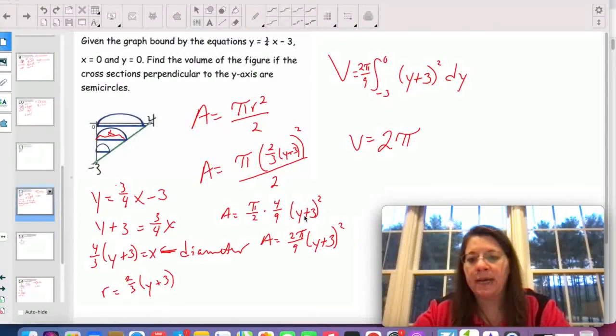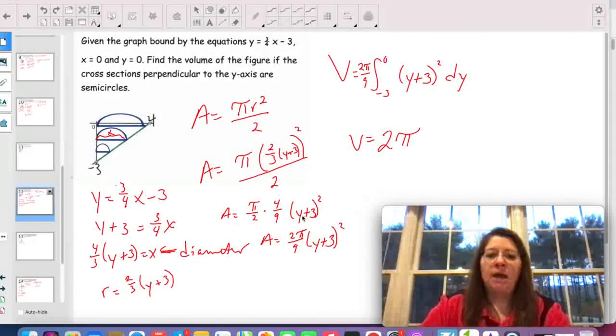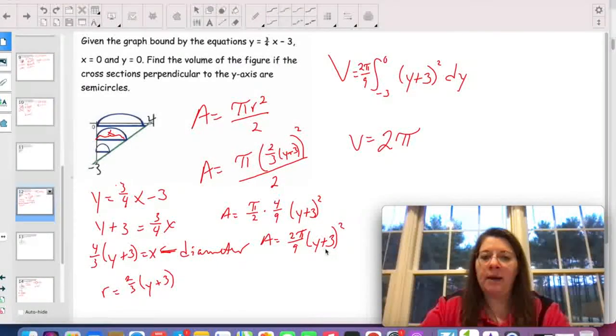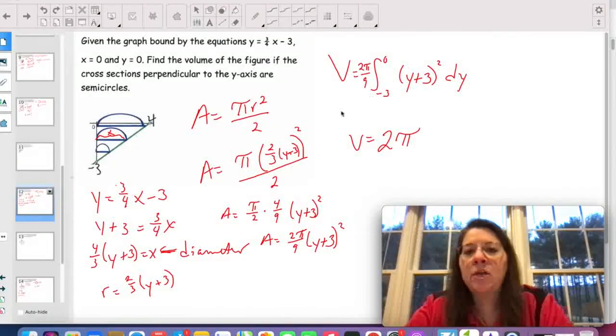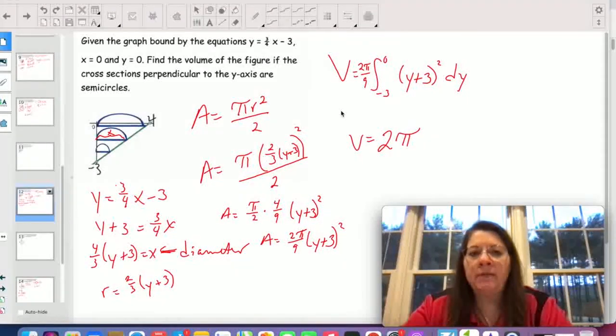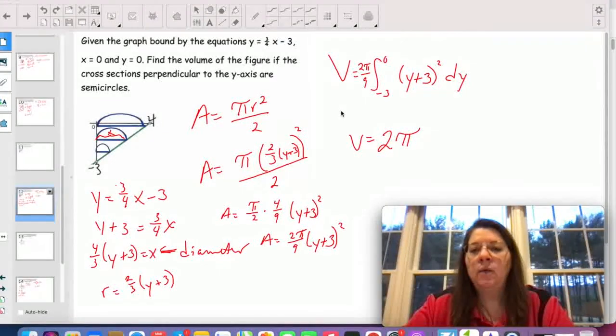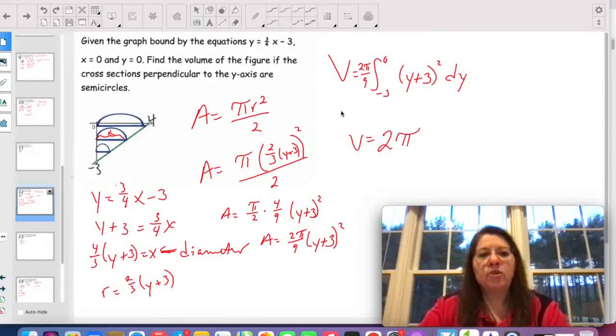When I multiply these together, I get 2 pi over 9 times y plus 3 squared. That is my area formula. That's what I plug beside the integration. And I can put the 2 pi over 9 on the outside because it's a constant. So my volume formula is 2 pi over 9 going from -3 to 0 of y plus 3 squared dy. When I put that in my calculator, my volume is 2 pi.